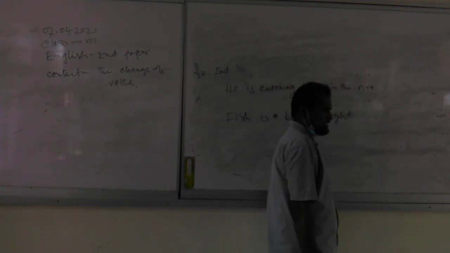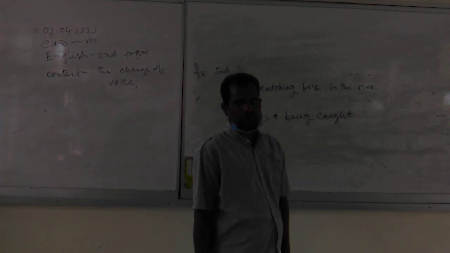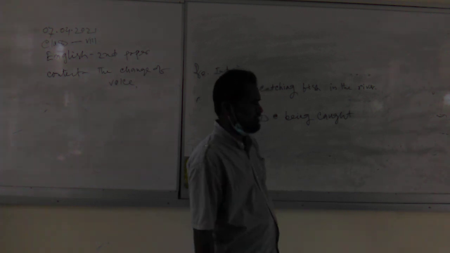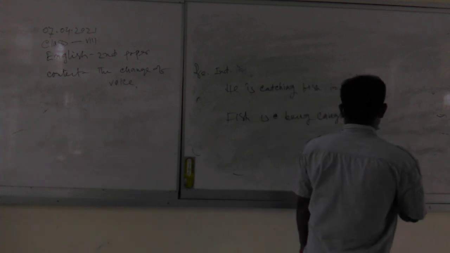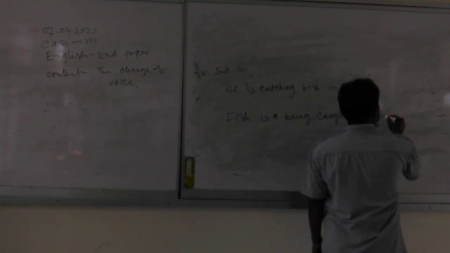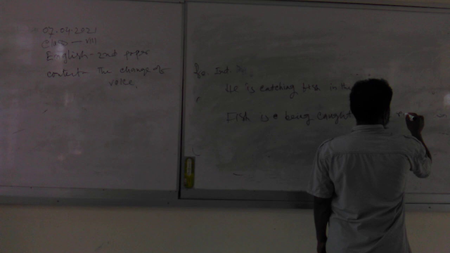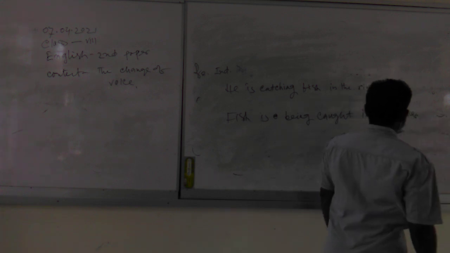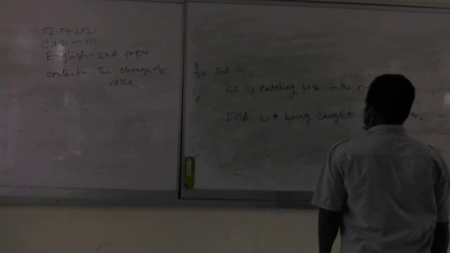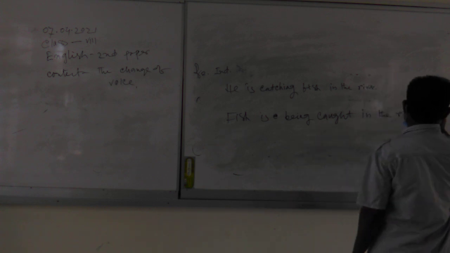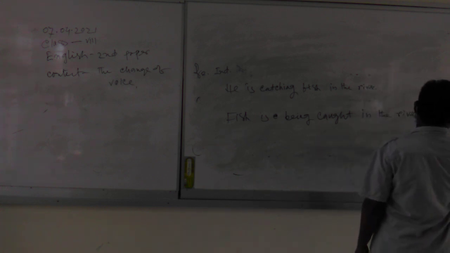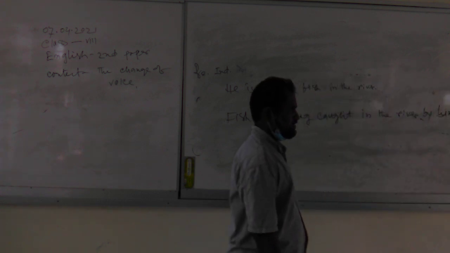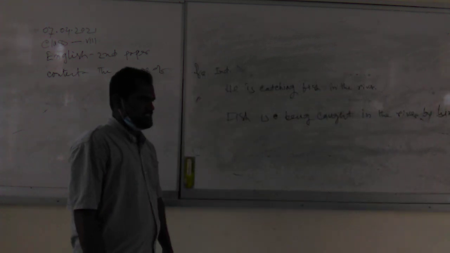You have to write it after the past participle form of the verb. Fish is being caught in the river by him. This has been turned into passive voice from active voice and it is present continuous tense.